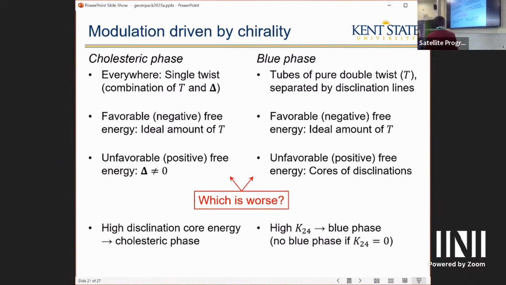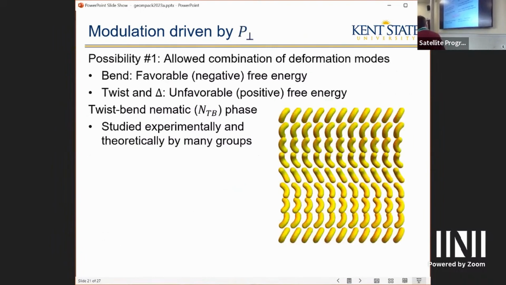So this is a story for modulations driven by chirality. And it's not a new story, but it's a new kind of rationalization of the story, right? Of understanding what drives the liquid crystal to have one kind of modulation as opposed to another.